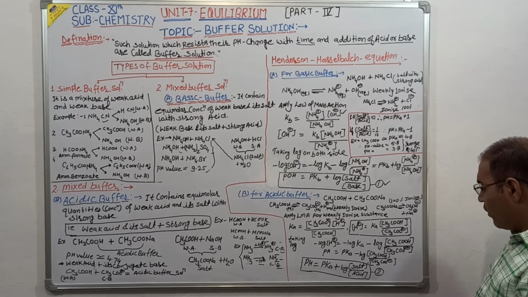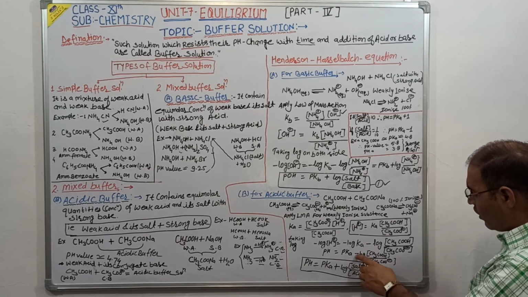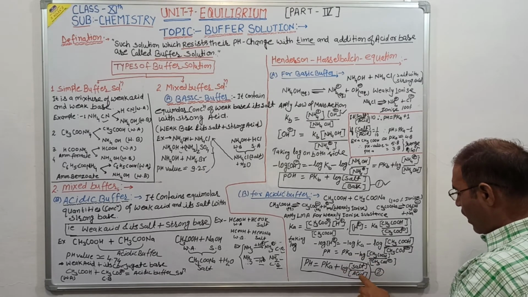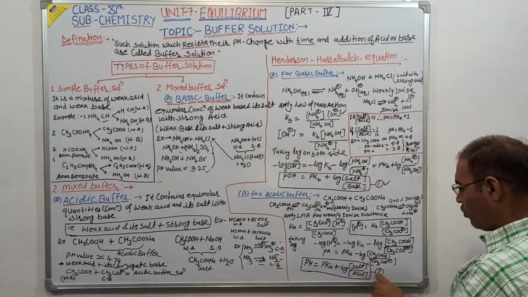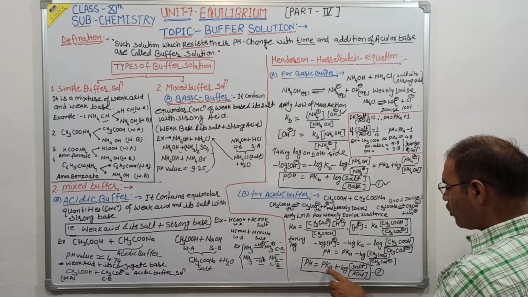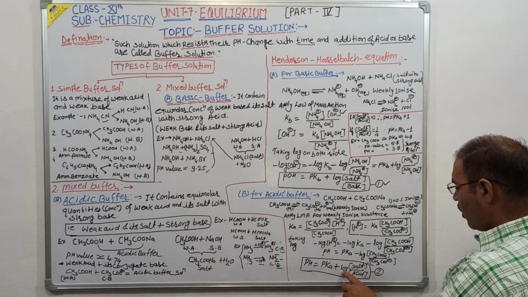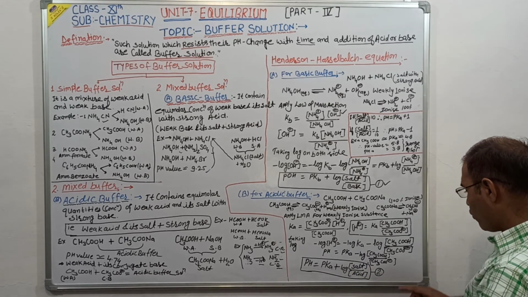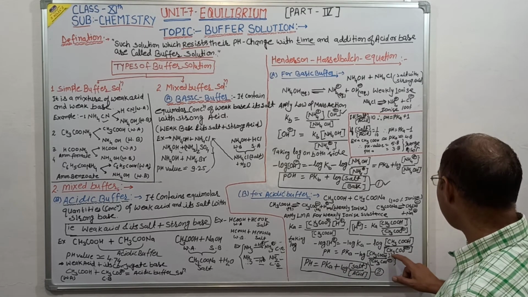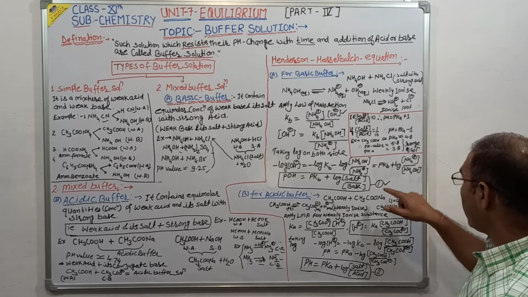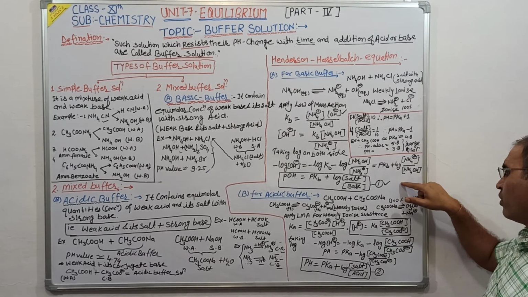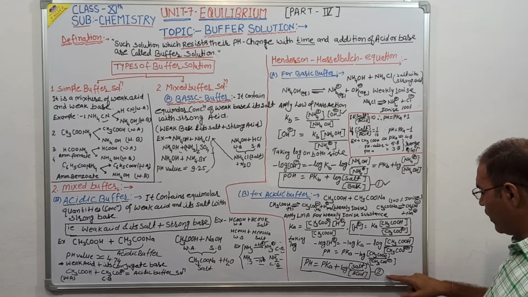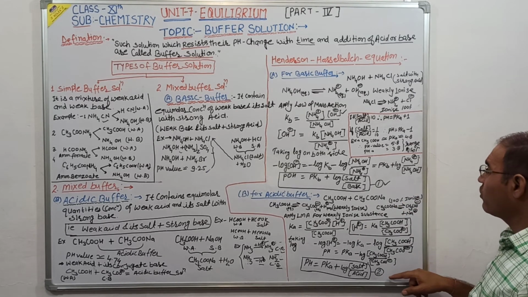Then rearranging this equation, the sign converts into plus, so this is raised up and this is down. Therefore, pH is equal to pKa plus log salt upon acid, because this is the salt and this is the acid. So the equation for the basic buffer solution is Henderson equation 1, and for the acidic buffer solution it is Henderson equation 2.